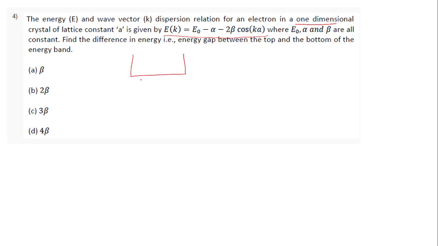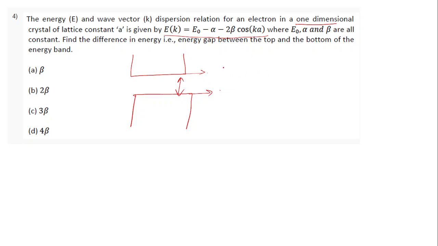So we have an energy band, and we have to find out the difference in energy between the top and bottom. Basically we need to find this energy band gap.